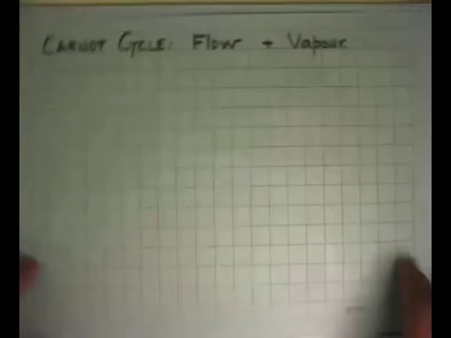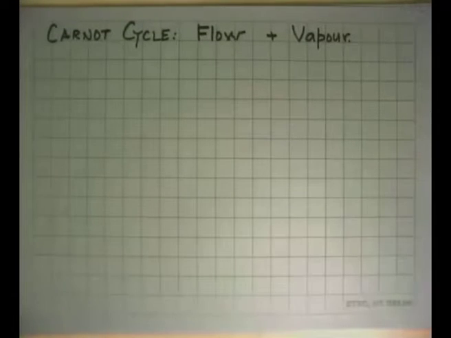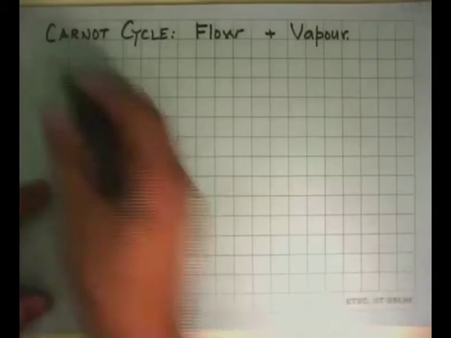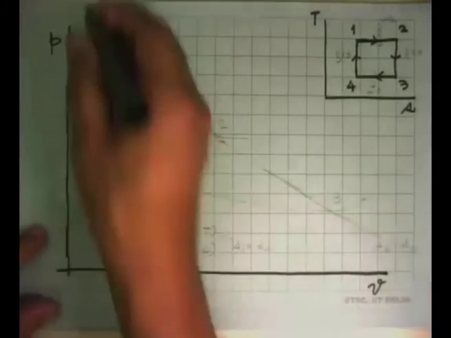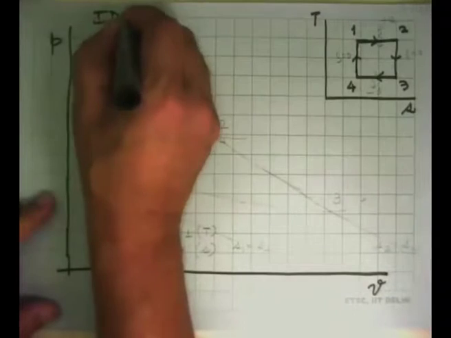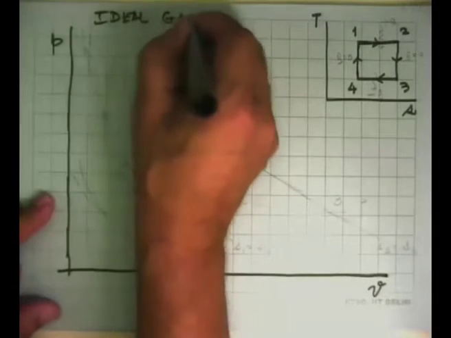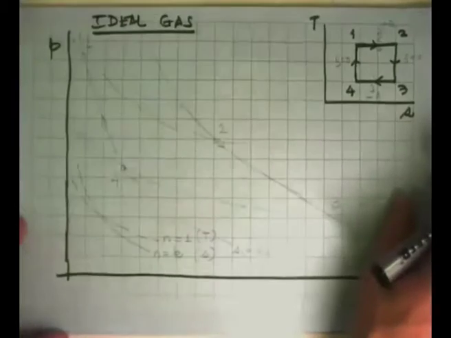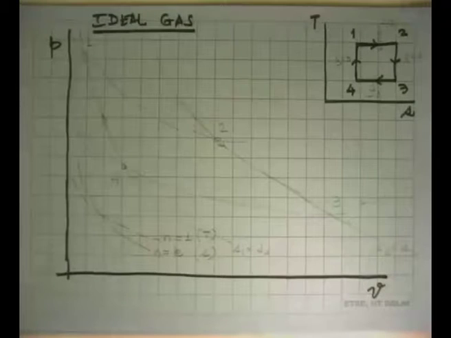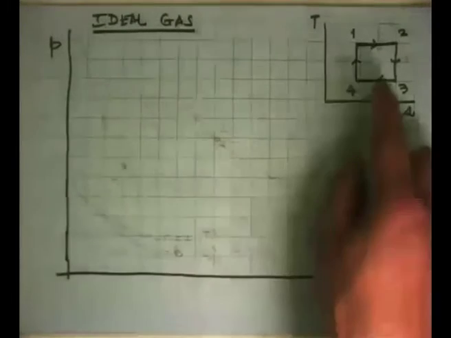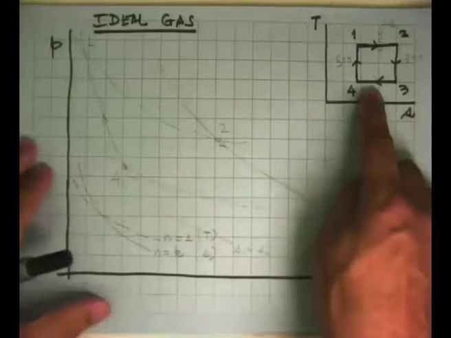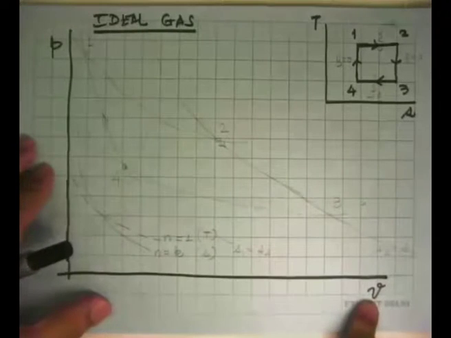Okay, so let's go back. First, let's look at the ideal gas. How do I realize these processes, and we'll put that up on the PV diagram.